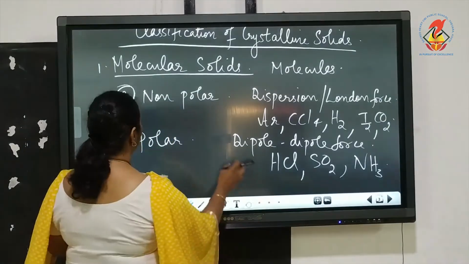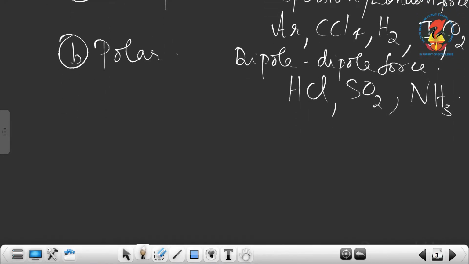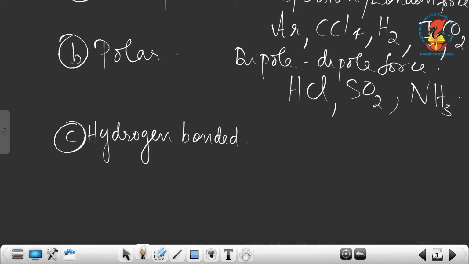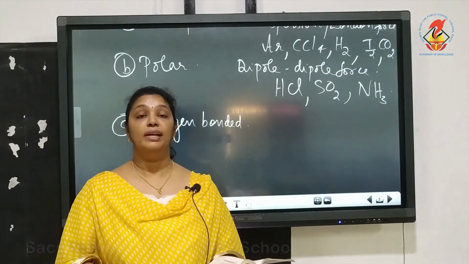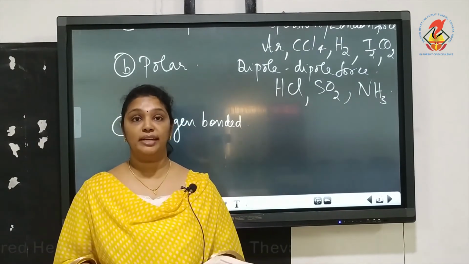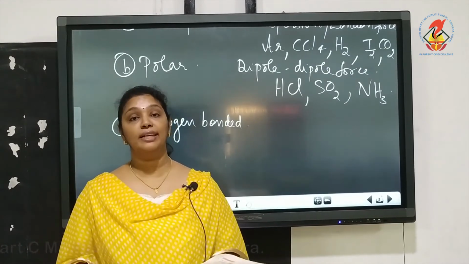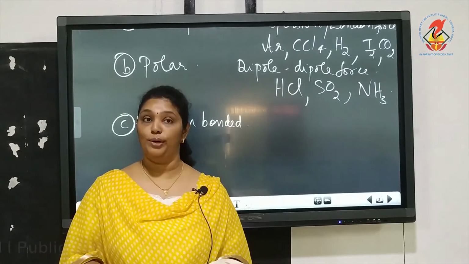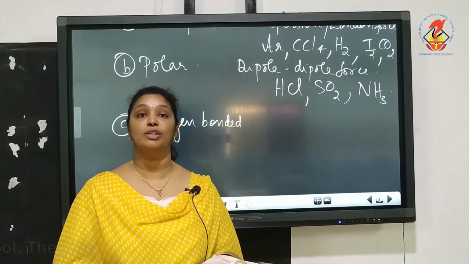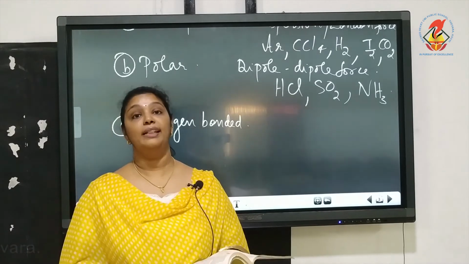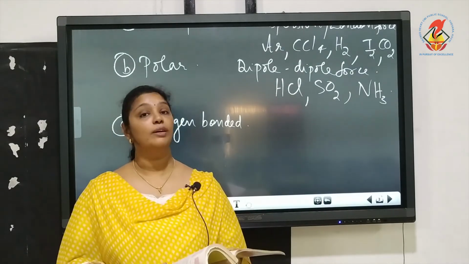Now, the third type of molecular solid is hydrogen bonded molecular solid. What do you mean by hydrogen bond? A hydrogen bond is formed between the hydrogen atom of one molecule and the electronegative atom of another molecule. So, the attractive force present in hydrogen bonded molecular solids is the hydrogen bond, and the constituent particle present is the molecule.